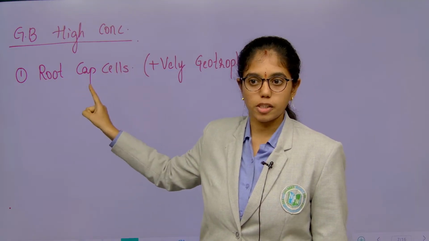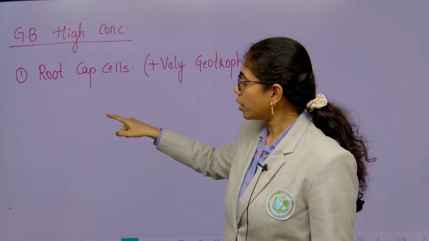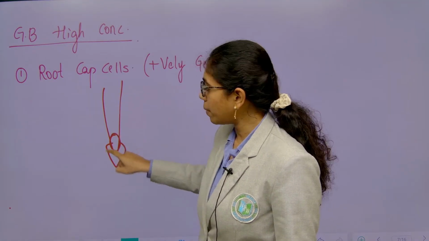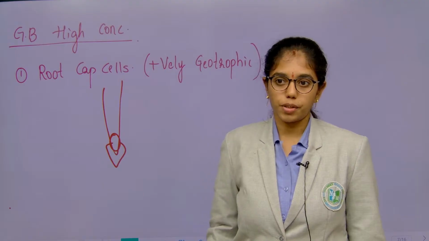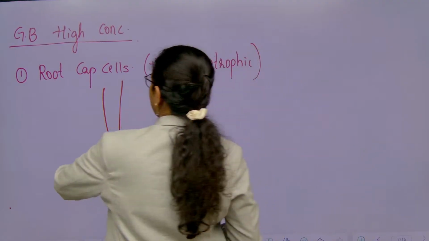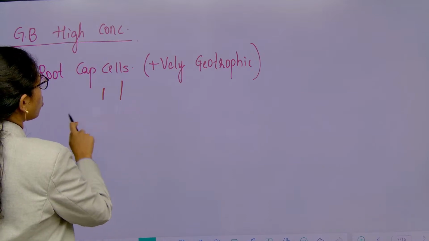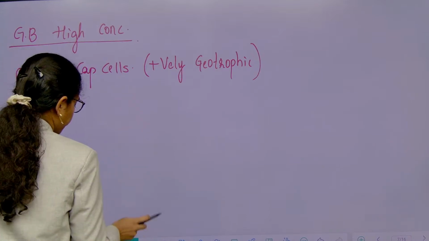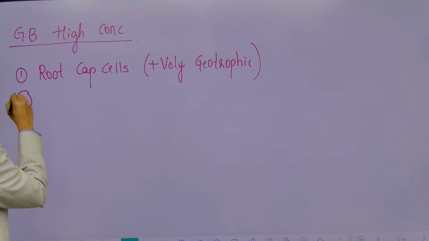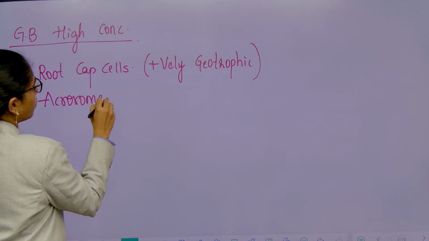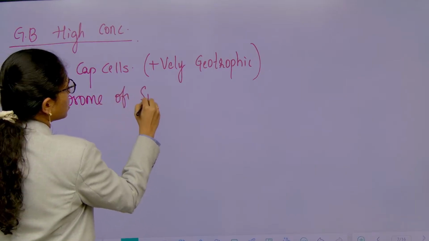Root cap cells. And in the root, root cap is at the terminal region, and the root apical meristem will be at the subapical region. Second, in the acrosome of human sperm cells, Golgi bodies are highly present.